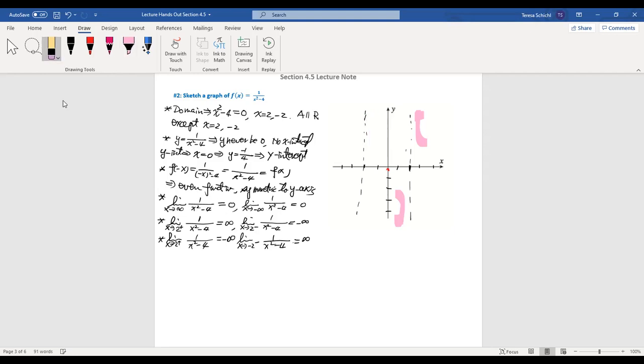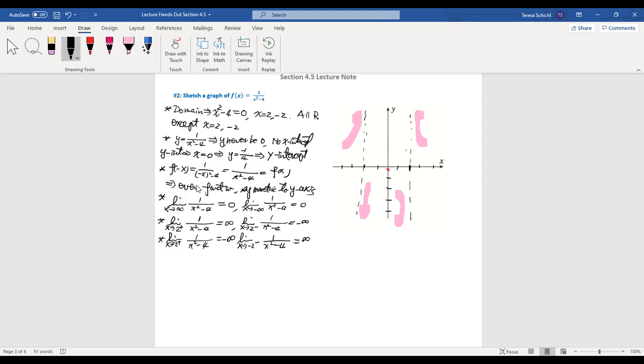So you already know these asymptotes, the graph grows up, and later we'll fine-tune it. That's basically what the graph is going to look like.